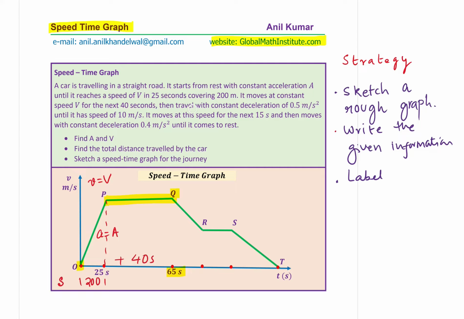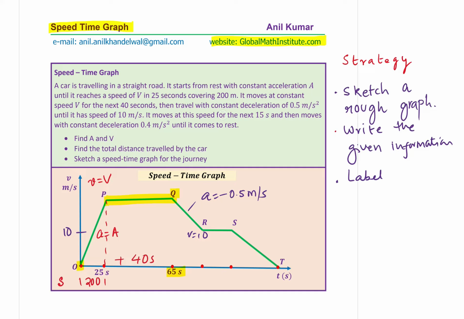Then it travels with constant deceleration 0.5 meters per second square until it reaches a speed of 10 meters per second. So the velocity at this point is 10 meters per second and the deceleration is a equals to minus 0.5 meters per second square. It decelerates at this rate to reach a speed of 10.